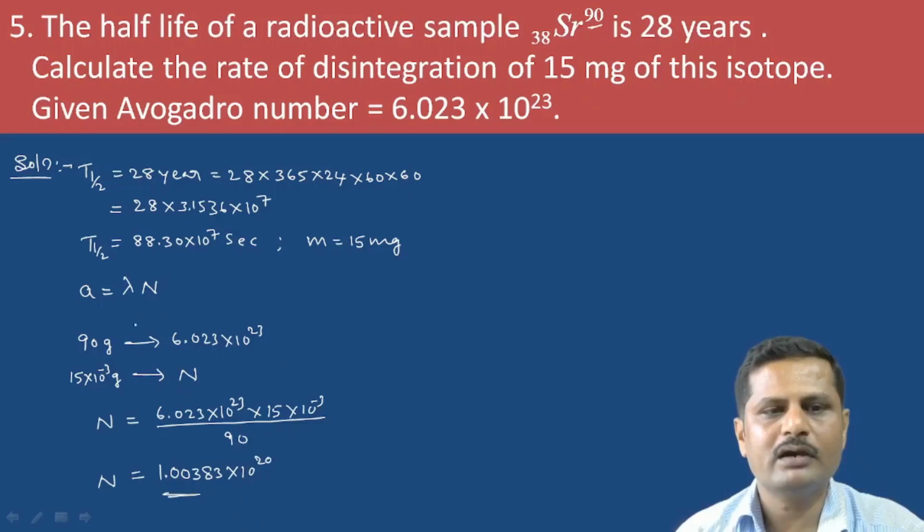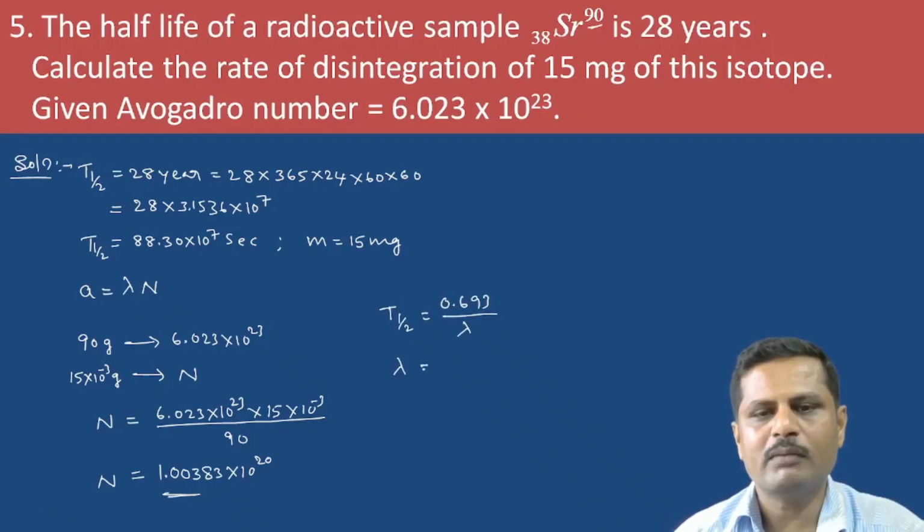Now let me calculate lambda, because we want N as well as lambda. N we calculated. Now let's go for lambda. We have a relationship between lambda and half-life, that is, half-life equals 0.693 divided by lambda. So lambda can be written as 0.693 divided by half-life. Here half-life equals 88.30 into 10 raised to 7.